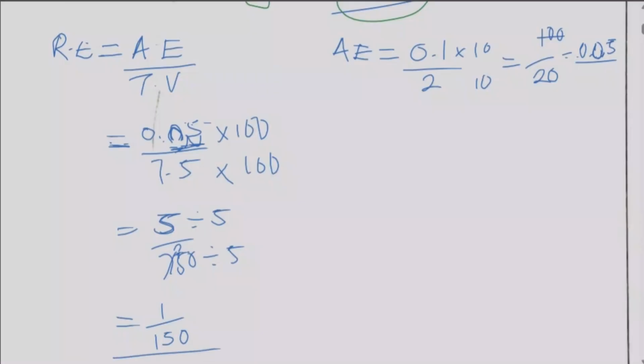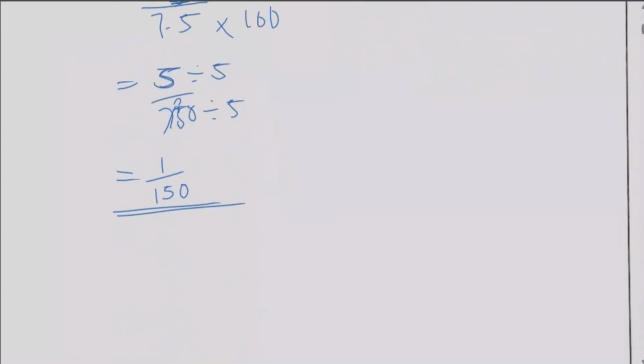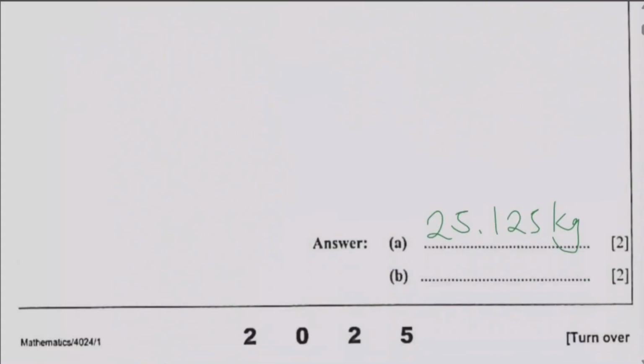Therefore, the answer will be 1 over 150. So now we can record our answer: relative error is equal to 1 over 150.